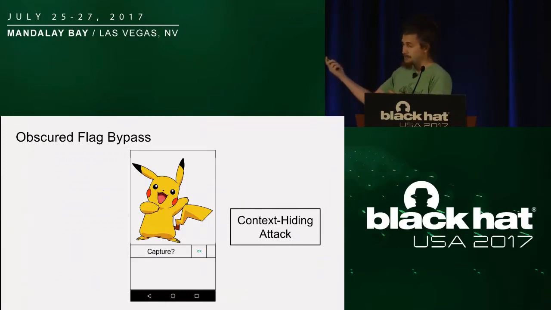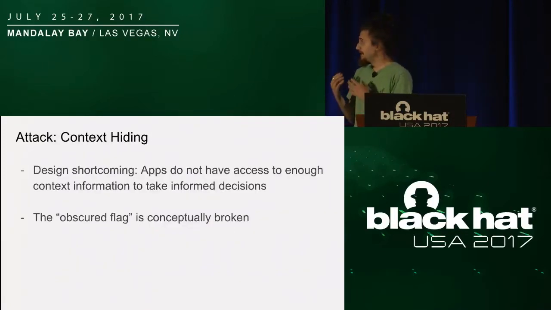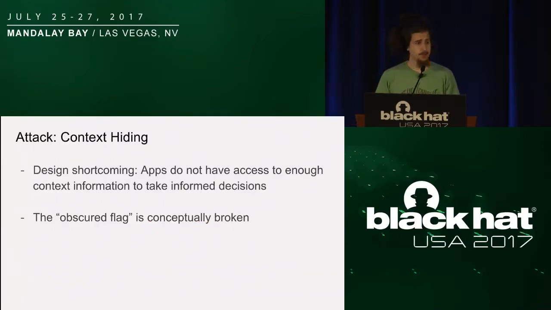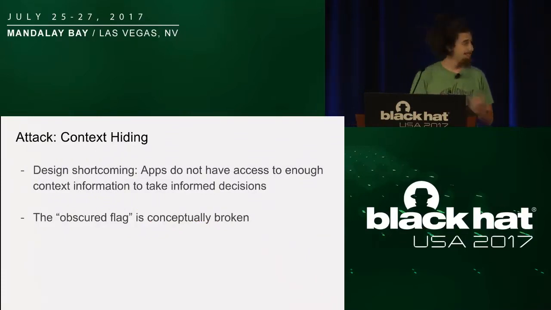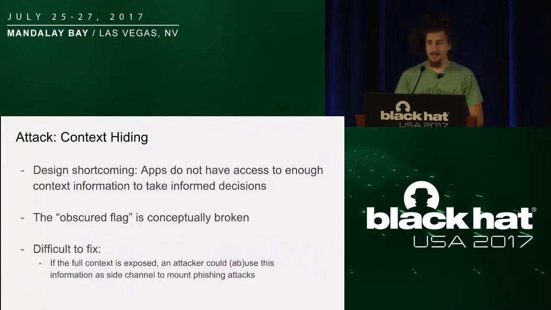So more in general, we call this a context hiding attack. And the big issue is that applications do not have enough context information to make an informed decision. And the obscure flag to us seems conceptually broken. It's not enough to protect only the button. You need to protect the entire UI. Unfortunately, it's not that easy to fix.